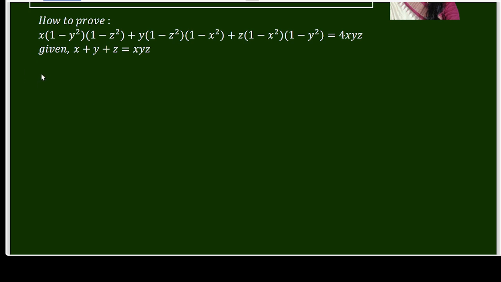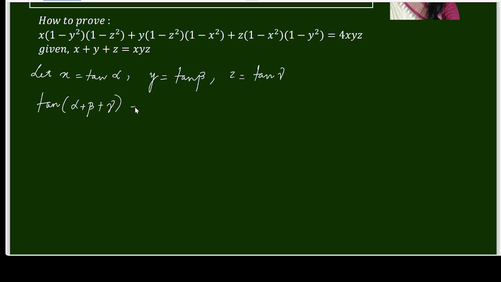Let x equals tan alpha, y equals tan beta, and z equals tan gamma. Then next I am writing the formula for tan of alpha plus beta plus gamma.